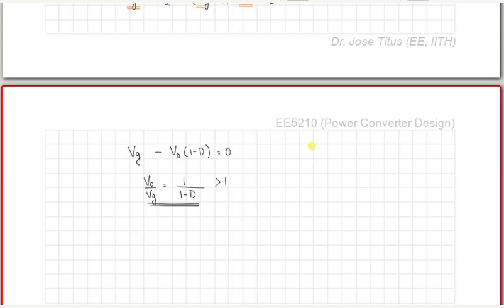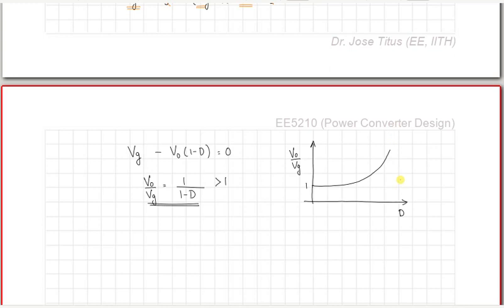So if you plot this voltage gain in CCM, D versus Vo by Vg, you get a curve like that. This value is the value at D equal to 0, which is 1, and then it goes to infinity at D equal to 1.